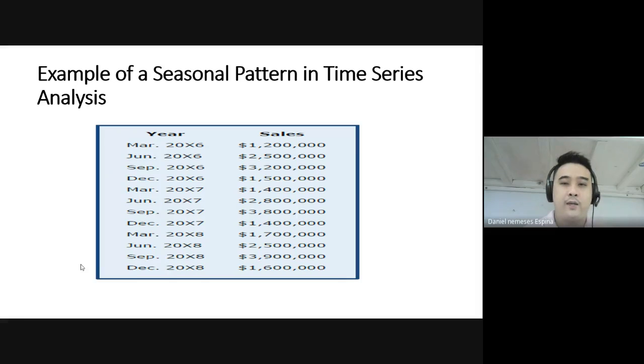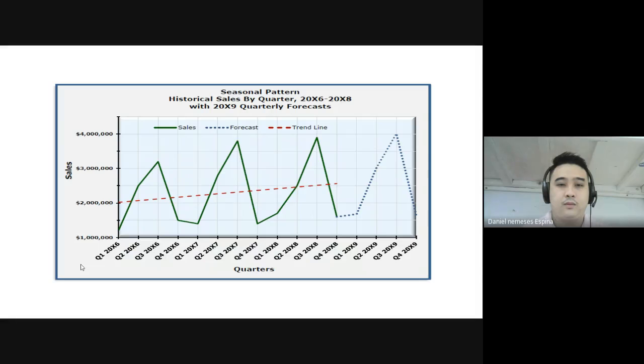So what does a seasonal pattern look like in a time series? The green line, as you can see, has a very high fluctuation. It goes very high, then very low. It looks like four mountains or four volcanoes.